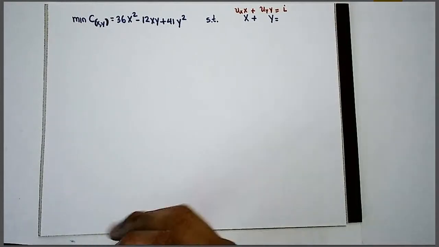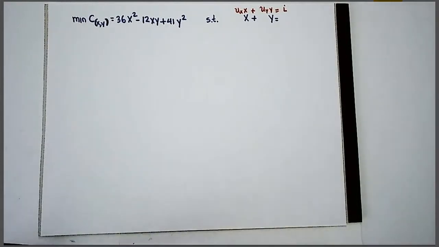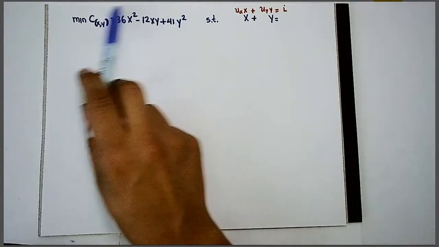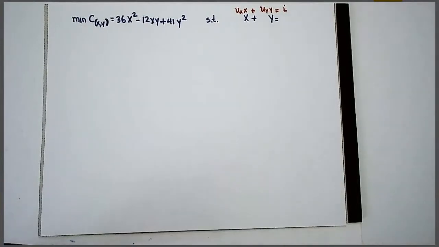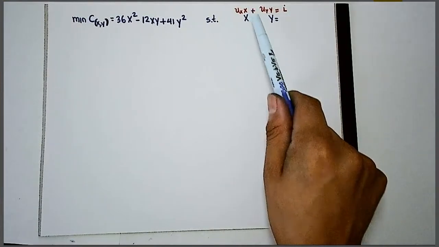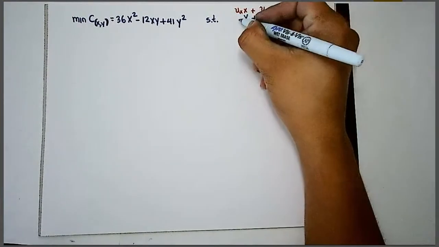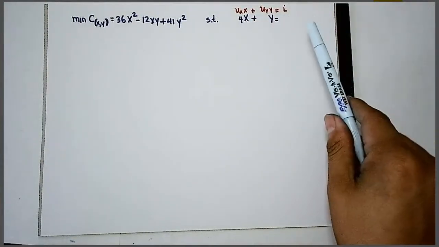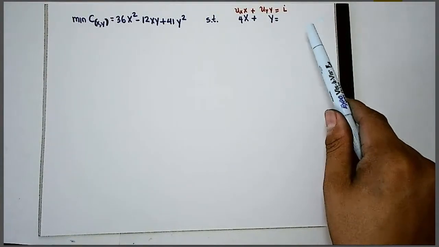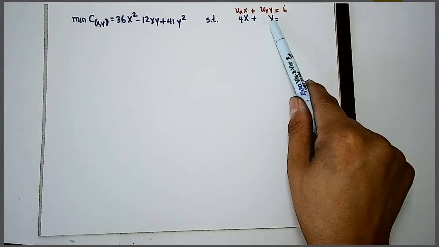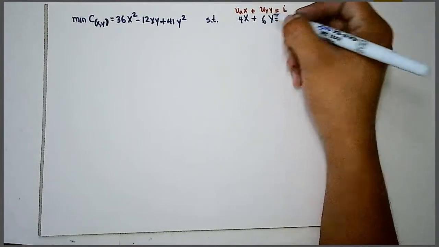In this cost minimization problem, we have the cost function subject to a resource constraint. The quantity of hours per wood table is 4, and the quantity of hours to produce mirrors is 6.